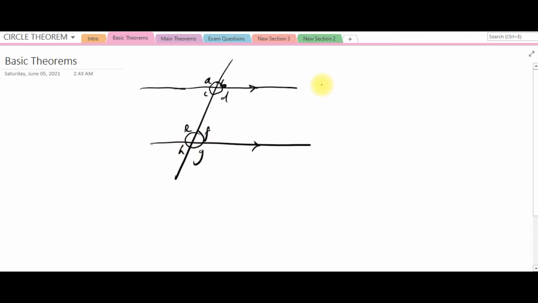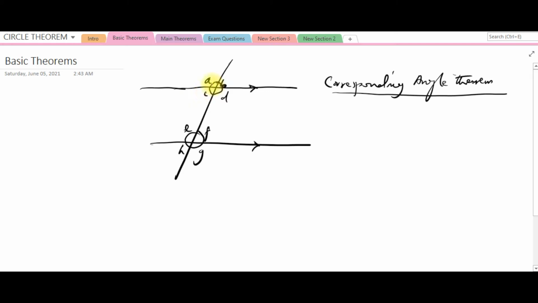So the first category of angle we are going to look at is corresponding angle. Corresponding angle theorem. So it's just direct from here. This is a parallel line. This is also another parallel line.